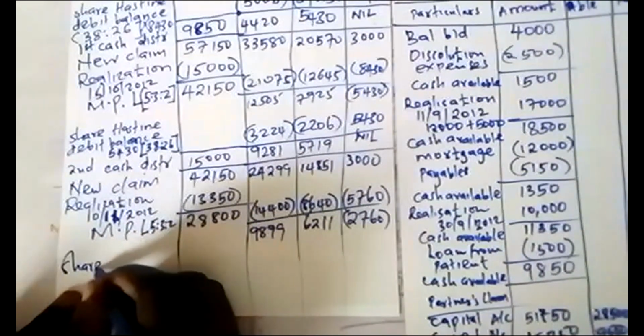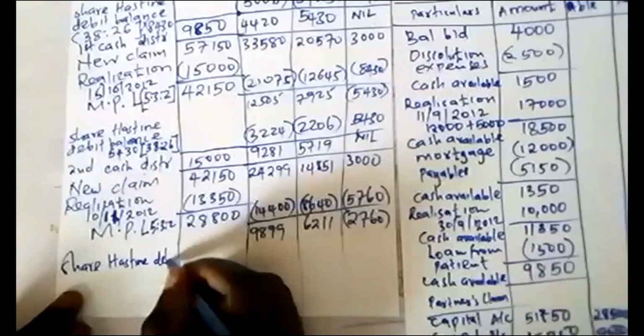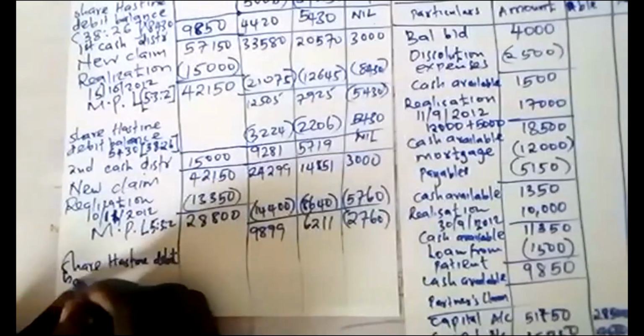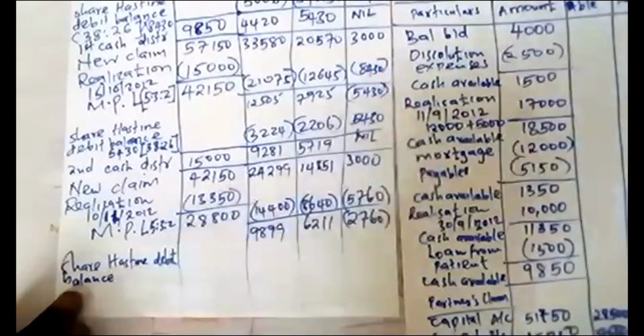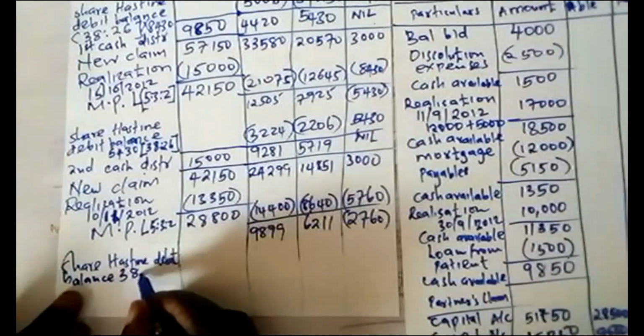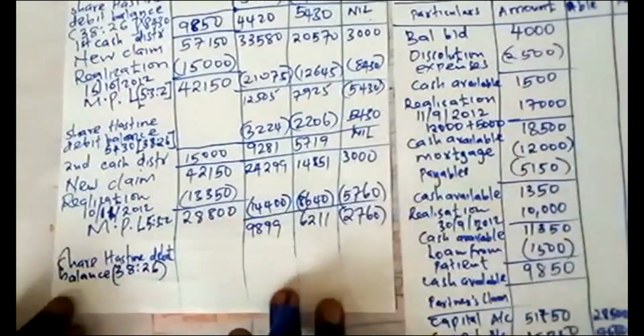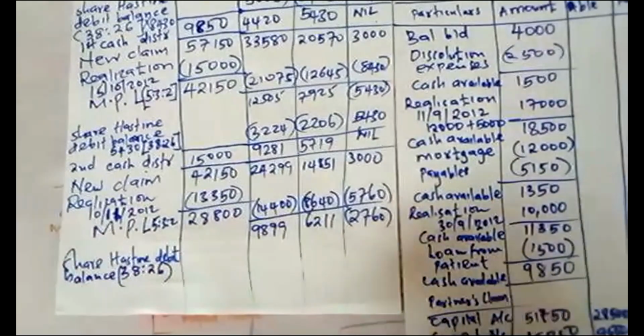Share the Hastings debit balance using the capital ratio before dissolution, for the partners who are solvent.